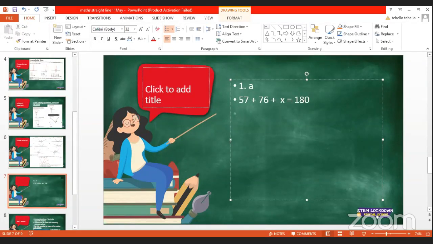So this is our equation for number A: 57 plus 76 plus X equals 180 degrees.